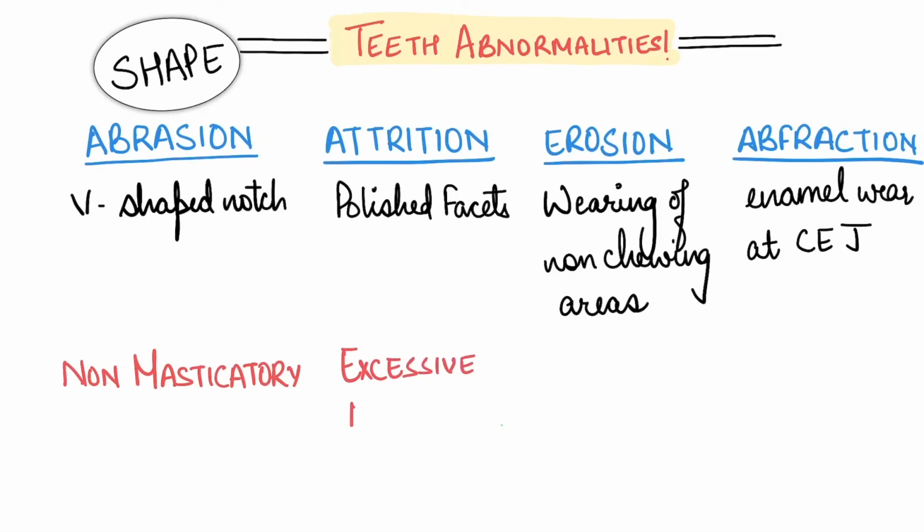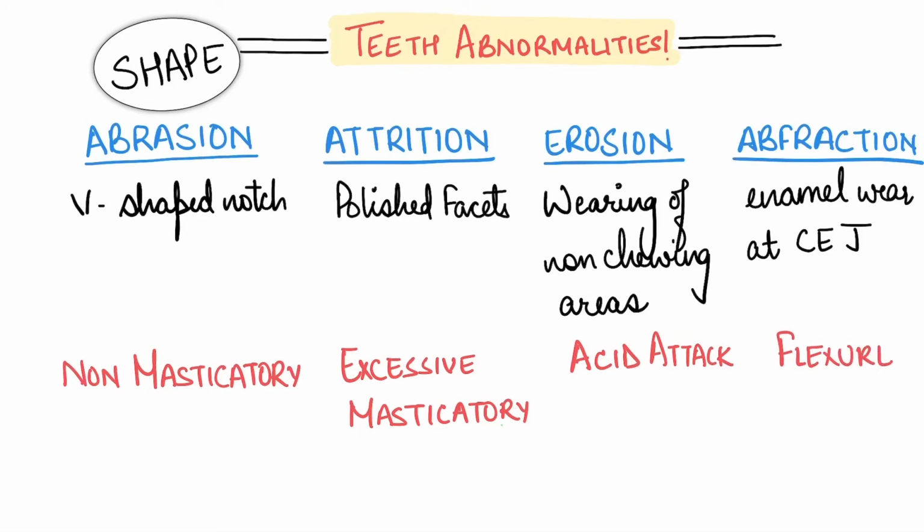On the other hand, attrition can be physiologic but can also be because of excessive masticatory function, and it is commonly seen in bruxers. This kind of wear leaves a polished facet on incisal and occlusal surfaces. If we see erosion, it is the loss of the tooth structure due to non-mechanical means, mainly because of the stomach acids, and it is seen in bulimic individuals.